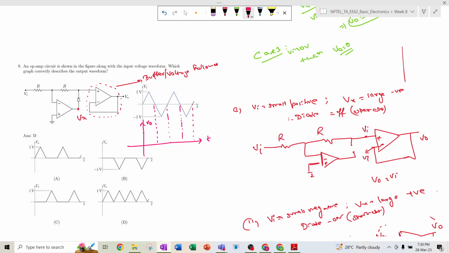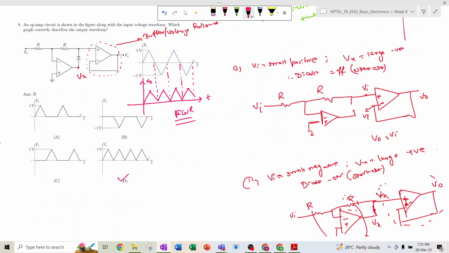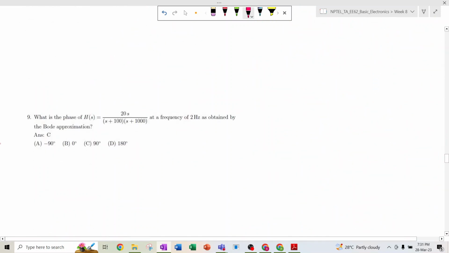Whenever Vi is positive, then VO is also positive, and whenever Vi is small negative, then VO is minus Vi, that is, it is positive. So it is a basic property of a full wave rectifier. So it will act as a full wave rectifier. The correct answer will be option D.